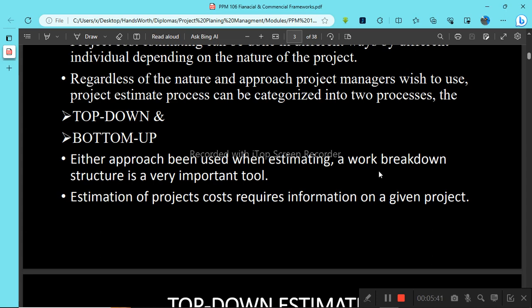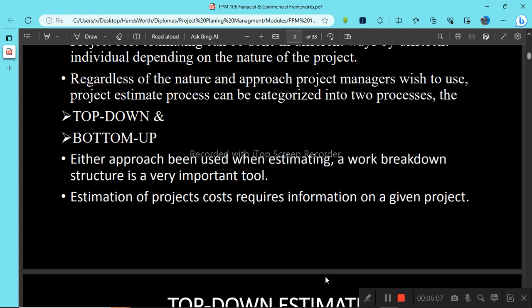So the whole process of doing that is what is known as a work breakdown structure, and it can be represented visually. Okay, it can be represented visually. So once you come up with a work breakdown structure, you already know all the activities that will be involved in your given project.